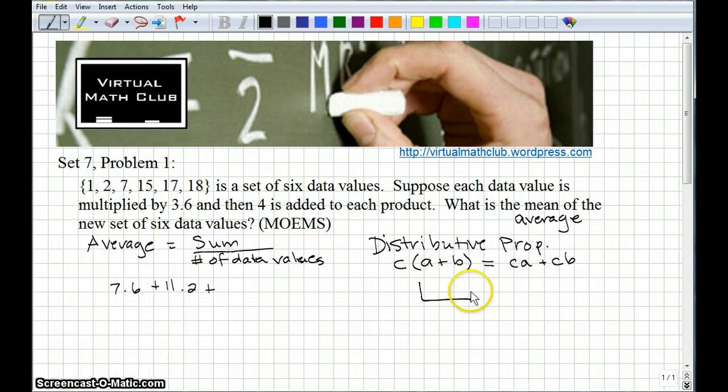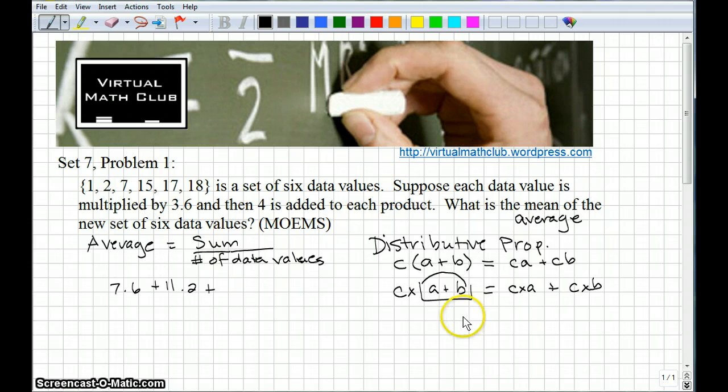You've got a certain number of apples and a certain number of bananas in this basket. And let's say you have C of those baskets. Then if you want to find the total number of pieces of fruit, you would have C times A apples, and C times B bananas.